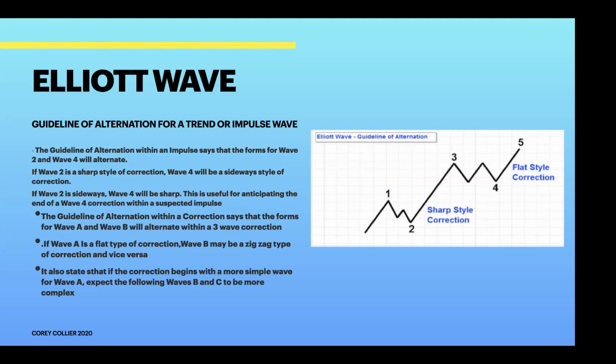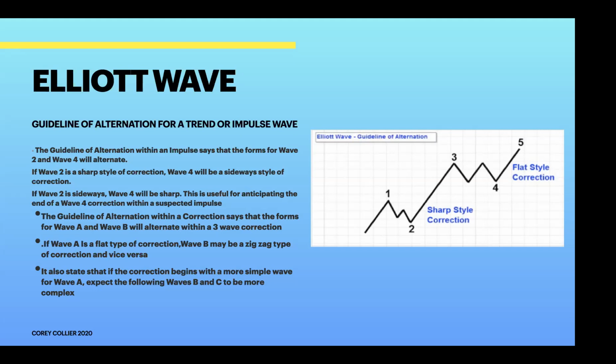And this is why. This is going to give you what type of wave B is going to happen. So if wave A, guys, is a flat type of correction, meaning it's a consolidation, didn't really go anywhere, then wave B may be the zigzag type of correction and vice versa. If wave A is a zigzag, wave B is going to be the sideways, okay?